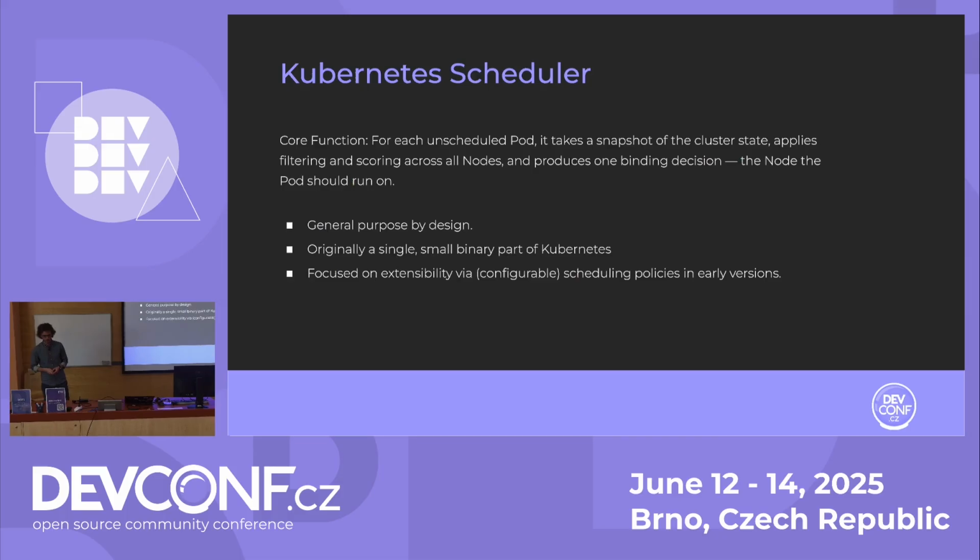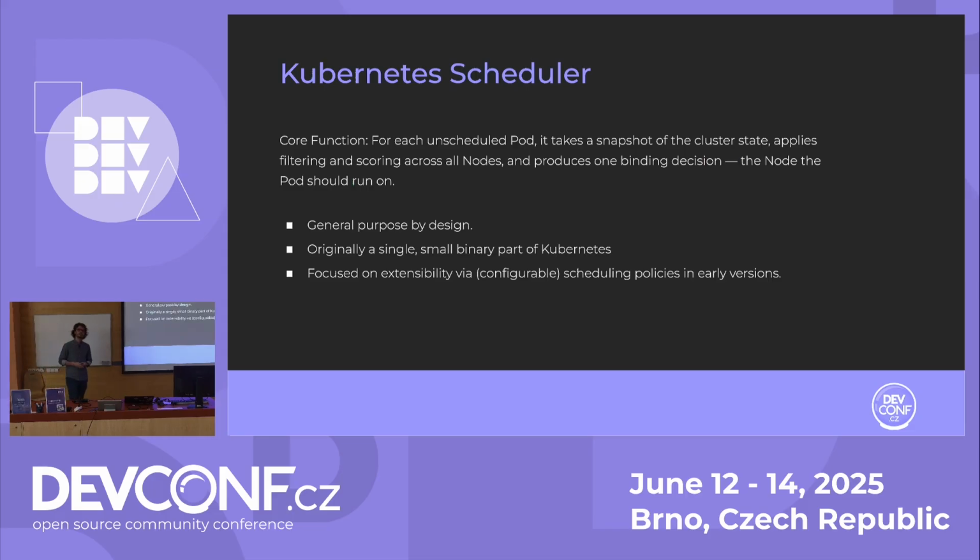Let's start from the historical context. And well, let's start from what the Kubernetes scheduler is. It's a core component of the control plane in Kubernetes. Its main role is to watch for pods that are not scheduled, and find and compute the best host, the best node, to host that pod.